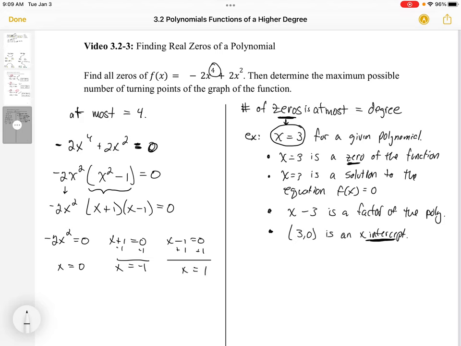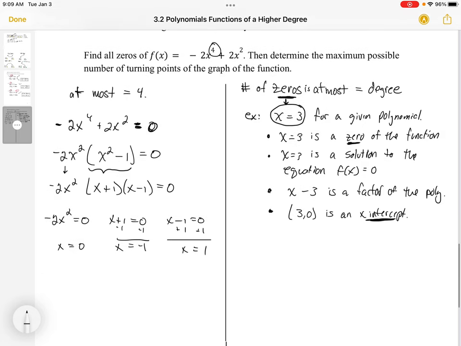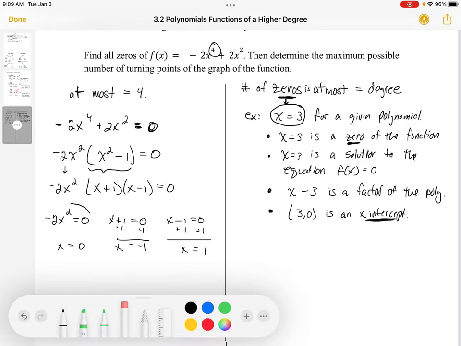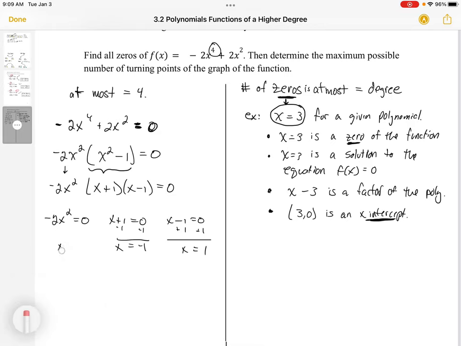Let me actually solve this first equation, because there's something important here. I'm going to divide both sides by -2. So I get x squared is equal to 0. Then I take the square root, and we get x is equal to positive or negative 0, which we know is just 0.